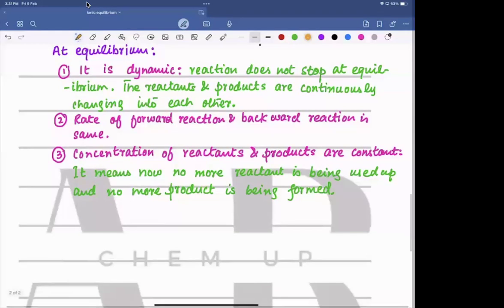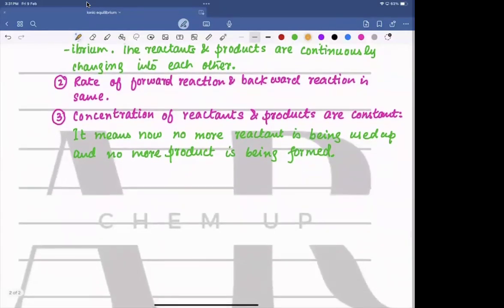And here one important thing to keep in your mind, it doesn't mean that the concentration of reactants and products are the same.